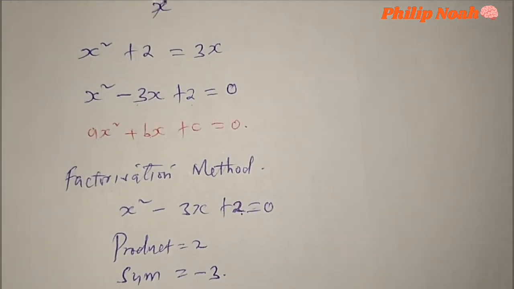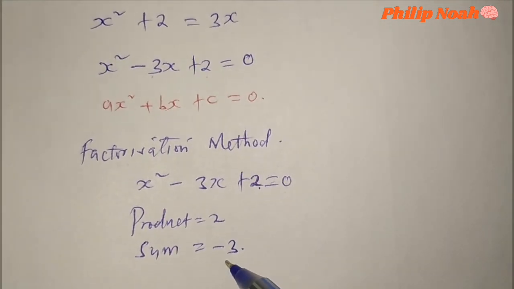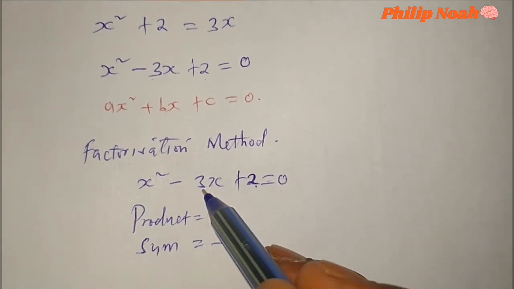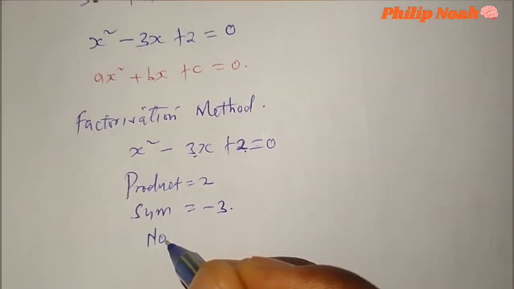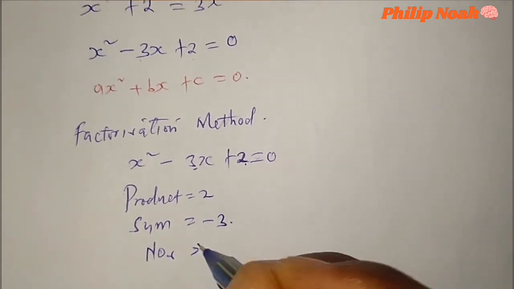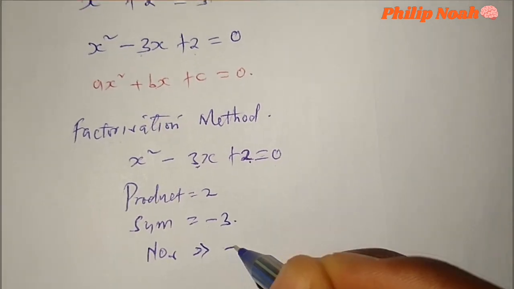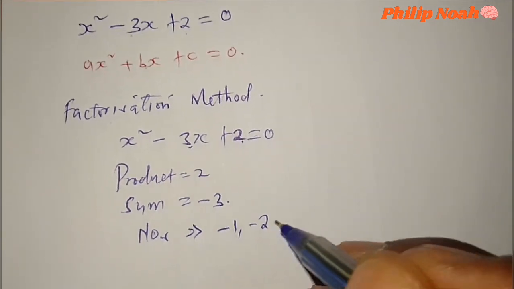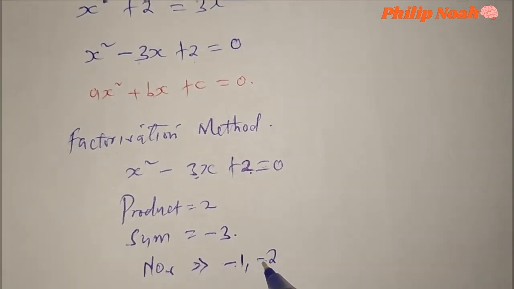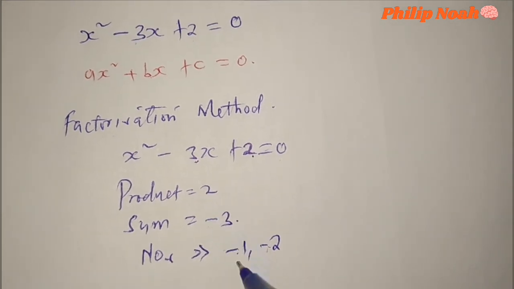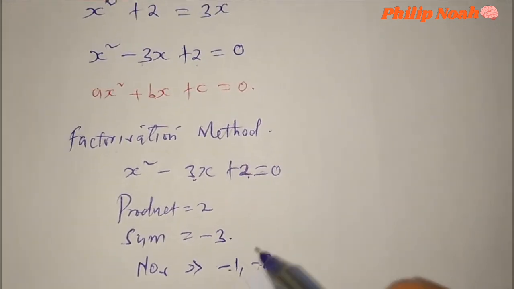The sum of two numbers is negative 3, and their product is 2. What are these two numbers? The two numbers are negative 1 and negative 2. If you take negative 1 times negative 2, you get 2. Negative 1 plus negative 2, you get negative 3. So these are the two numbers.